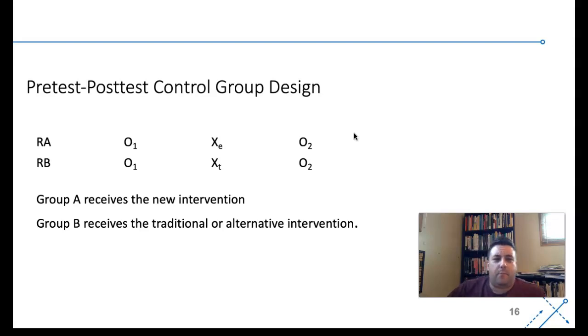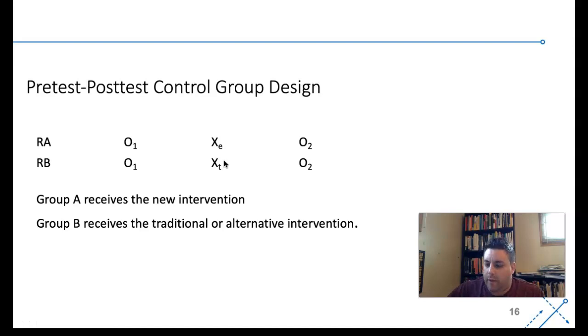So here's another example of a pre-test, post-test control group design. The difference here is that both groups get a treatment. The one group just gets the traditional or alternative intervention. So what we would hope is that the experimental intervention produces a bigger change than the traditional treatment. That would tell us that this experimental treatment is better than the traditional treatment. You often see these designs, especially in social work, like in treatment studies.